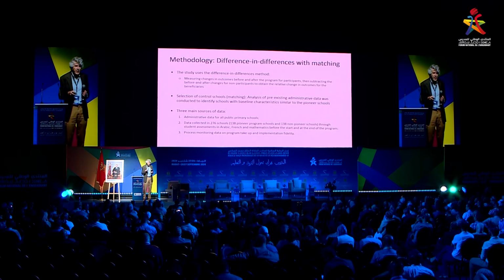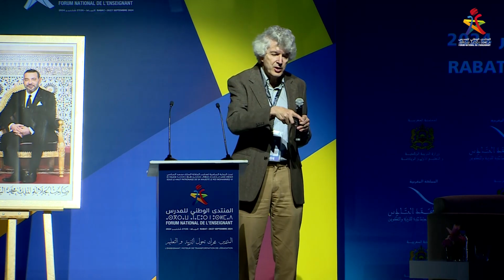What does that mean? We had these 626 schools out of 21,000, and we got data on those schools and data on all the other schools in Morocco, and we picked another 626 that were very similar in terms of the data at the ministry. That's the matching.